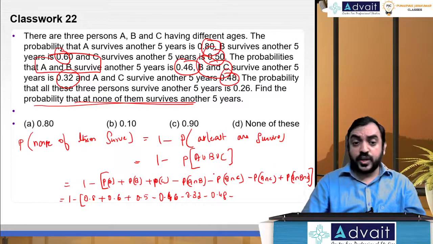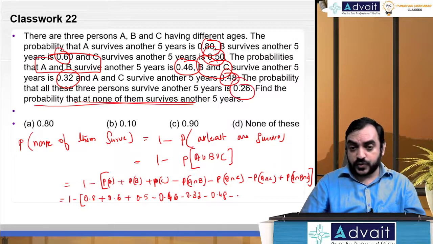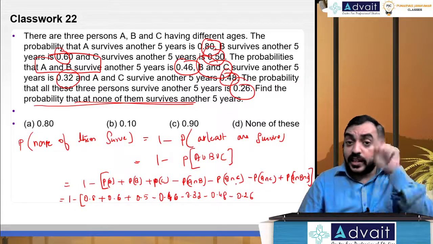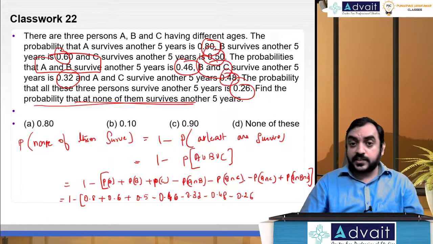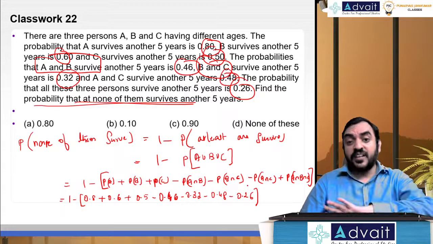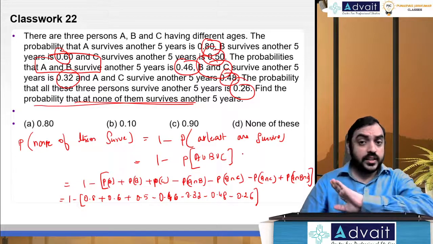All of them surviving, that is 0.26. Had they not given these intersections, then you could have assumed independent events. Keep it in mind. When they don't give you intersection, you can calculate intersection using independent events. But when they give you, they are not independent.